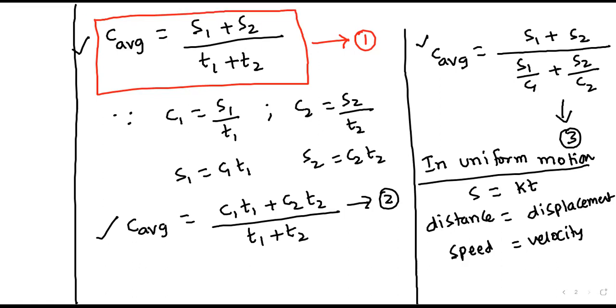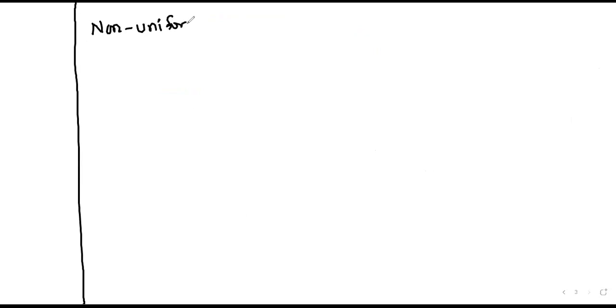Now, only in non-uniform motion will average speed and average velocity be different. Firstly, we'll see non-uniform motion.